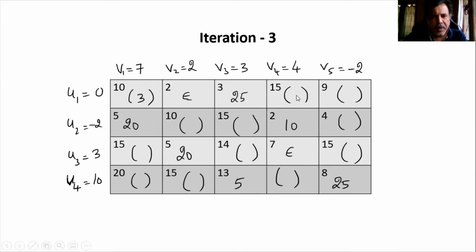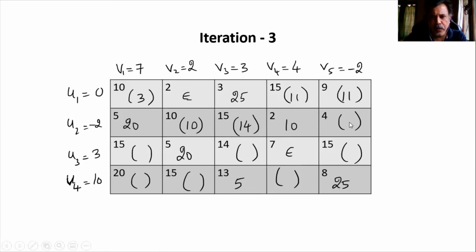Here, 0 plus 4, it is 4. 15 minus 4 is 11. 0 minus 2, it is -2. 9 minus a minus 2 becomes 9 plus 2, so it is 11. Here, minus 2 plus 2, it is 0. 10 minus 0 is 10. 3 minus 2, it is 1. 15 minus 1 is 14.